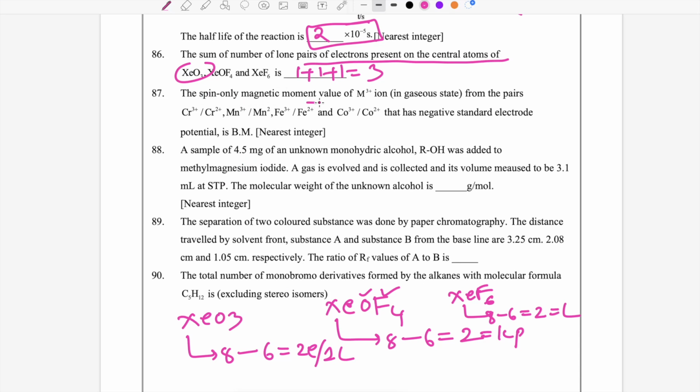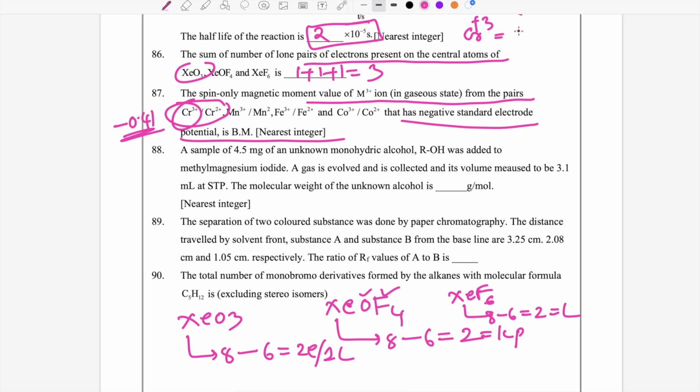Next one, the spin-only magnetic moment of the M3+ ion in gaseous form of the pair which has negative standard electrode potential. This is given in NCERT. Except chromium, all of them are in the positive mode, so this one is minus 0.41. Here chromium is +3, which has a d3 configuration. So n equals 3, and mu equals root of 3 into 3 plus 2, which is root 15.